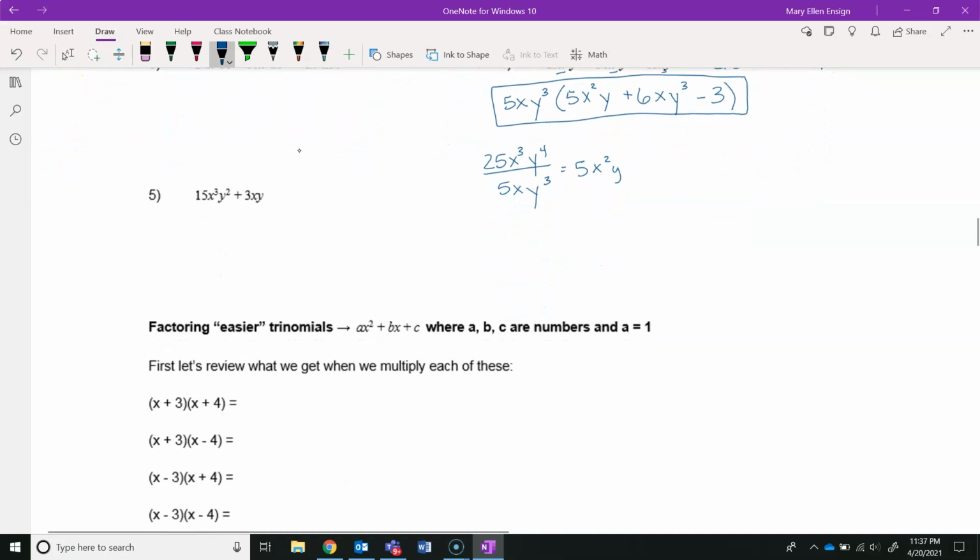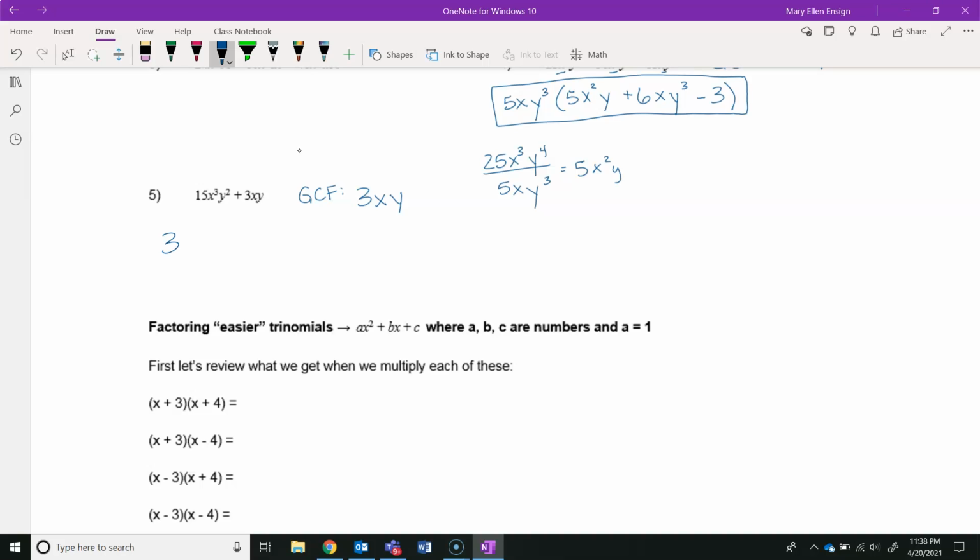All right, let's look at number 5. The other ones you can try on your own. So if I look at these two terms right here, I have 15 and 3. The largest number they have in common is 3. If I look at the exponents, the largest value they have in common is just x to the first, and the largest for the y is just y to the first. So if you're not sure where I got that from, pause the video, take a step back, look at what I would have thought about if I had written out those x's and y's.